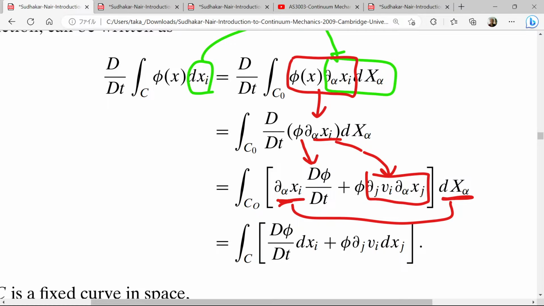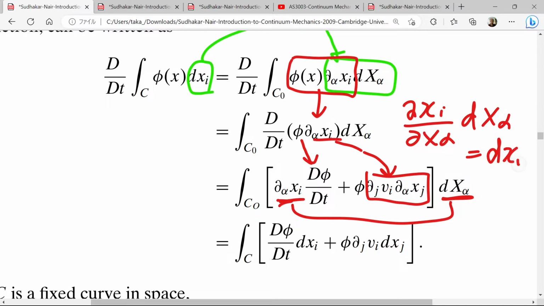Does it make sense? If you have partial x_i, partial X_alpha, dX_alpha, this is just a dx_i.